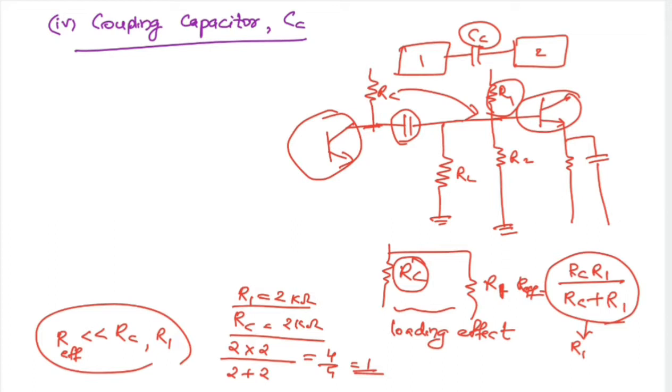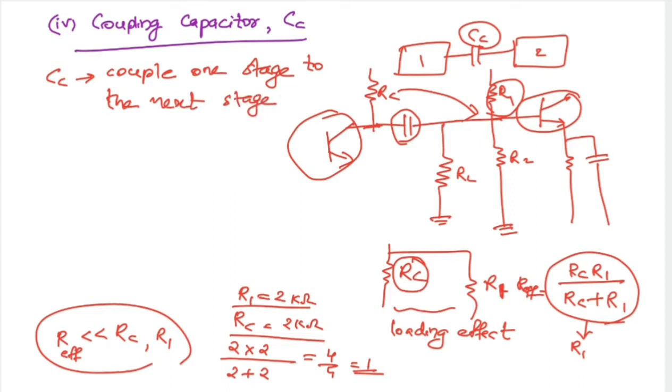The role of the coupling capacitor is to couple one stage to the next stage. You can see this coupling in detail in the next chapter, the multi-stage amplifier chapter, where we are going to discuss different types of coupling.